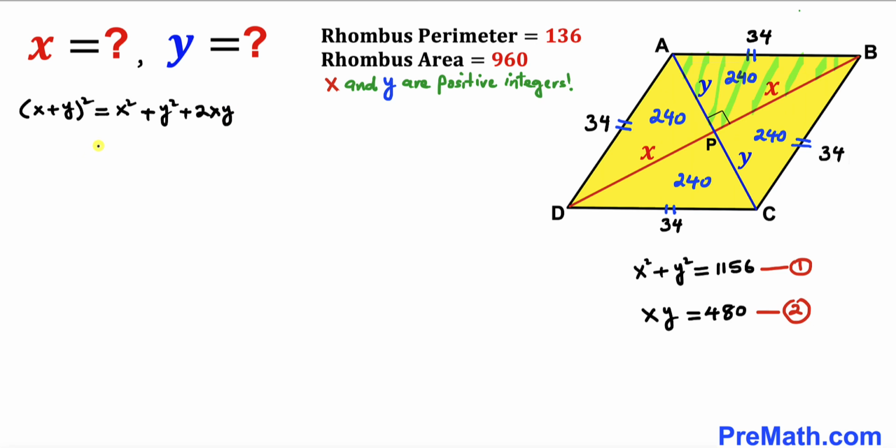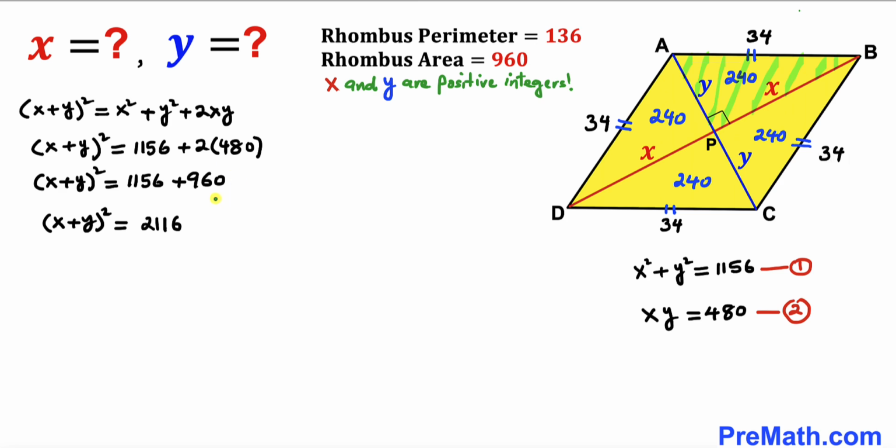Substituting those values, (x plus y) squared equals 1156 plus 2 times 480, which simplifies to 2116.